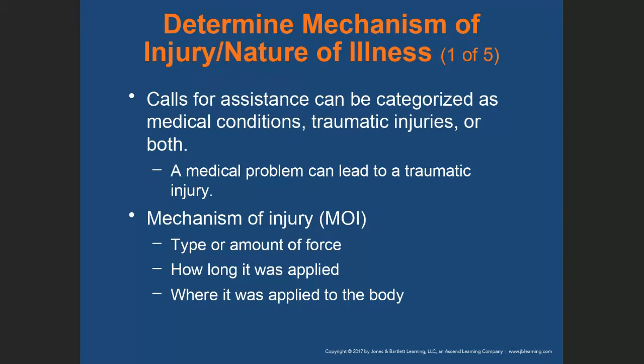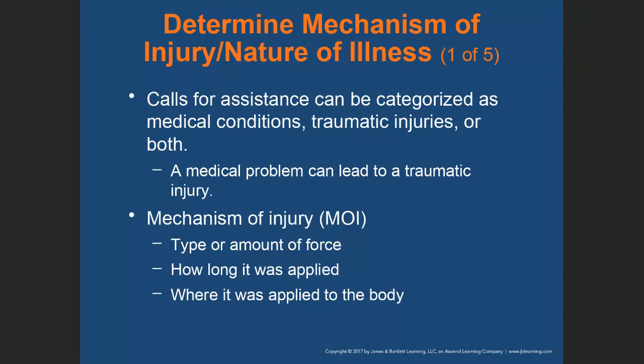So the mechanism of injury is whatever caused the injury to the patient. Was it a fall? Was it a gunshot? Was it a motor vehicle accident? Was it from blunt force trauma, from a physical assault? Whatever caused the injury to the patient.